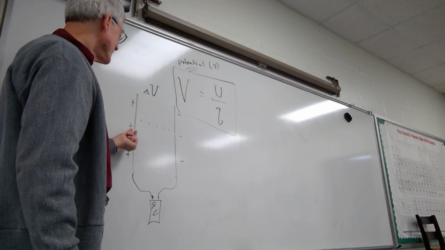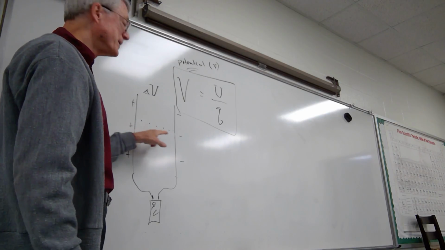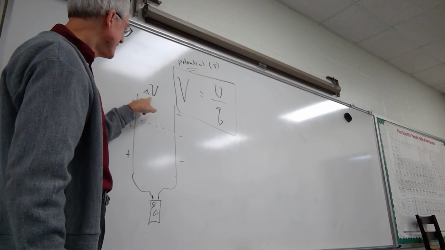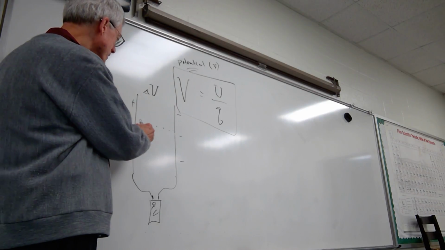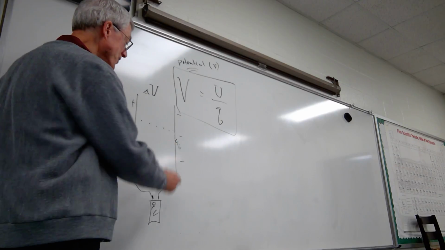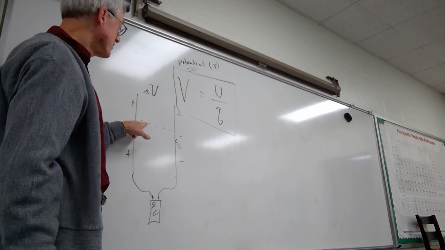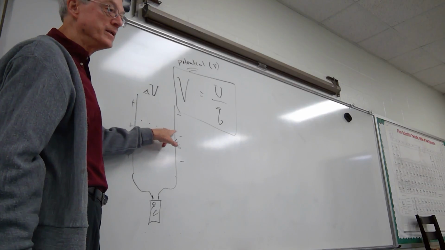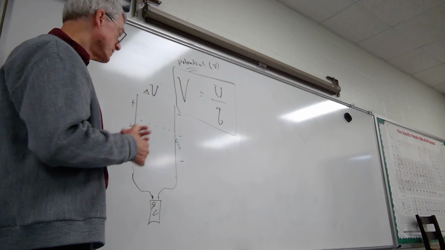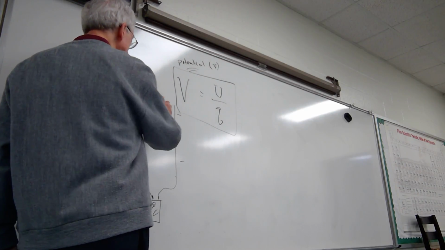And that doesn't really mean that here it's 9 and here it's 0, but the difference between the plates would be 9. So, for example, if that was 0, to make the math easy, then here the potential is 9, and over here somewhere is 8 and 7 and 6, and all the way down to 1 and 0. Okay, that's just a quick overview.